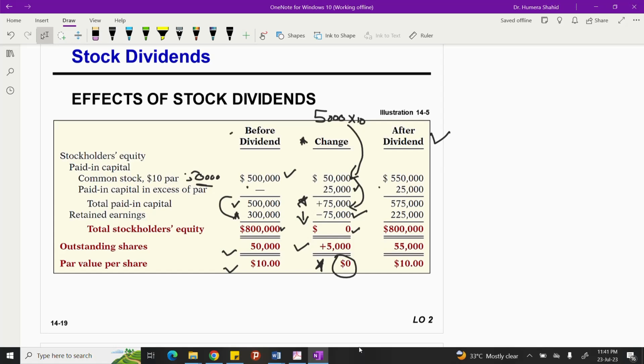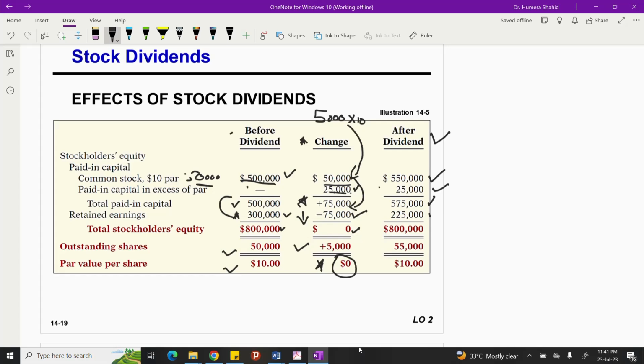So after dividend, what will happen? My common stock will be 500,000 plus 50,000, 550,000, and I will also get paid in capital in excess of 25,000. So total paid in capital will be 575,000. Before stock dividend, my retained earnings was 300,000, but it decreases because of the stock dividend.